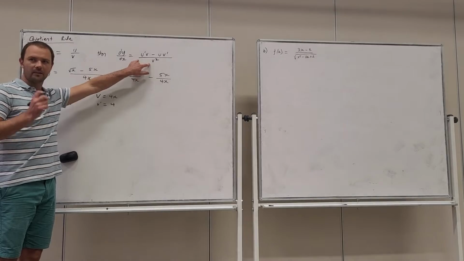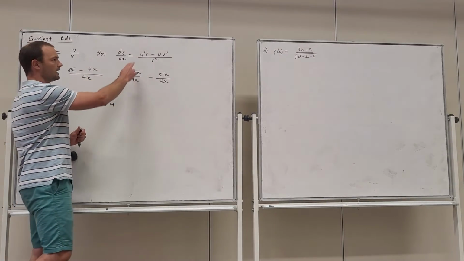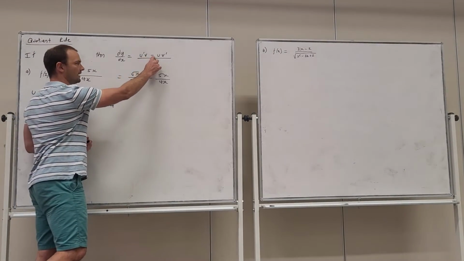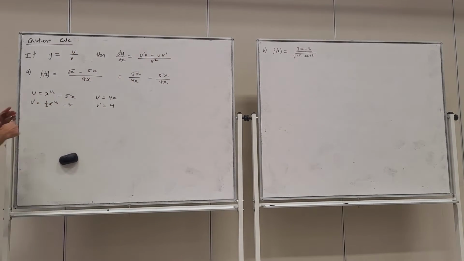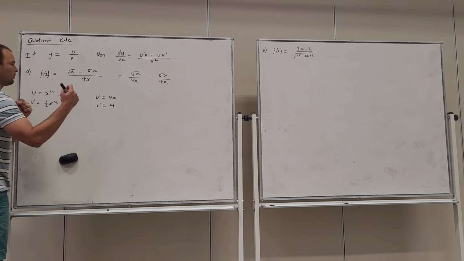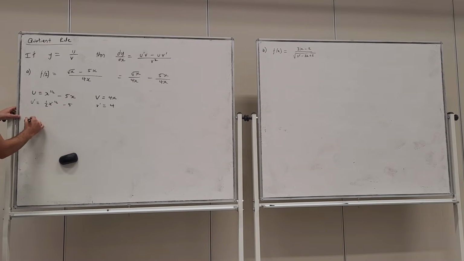Now, in the past, people have made the error, it's always u dash v take. If you put that one first, then you've got it wrong. So we need to make sure it's u dash v, take away u v dash. So let's write that. F dash of x will be consistent with our terminology.